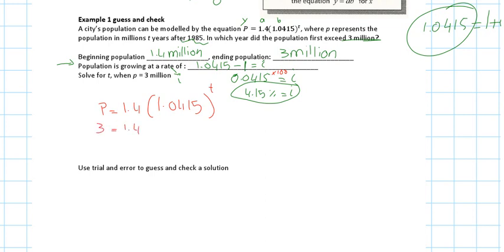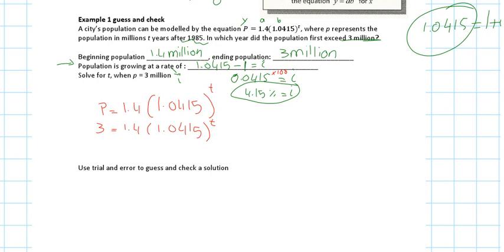What do I do to solve for t? How do you solve for t? Isolate. How do you do that? What's the first thing you want to get rid of? The 1.4, right? So you want to bring the 1.4 over.